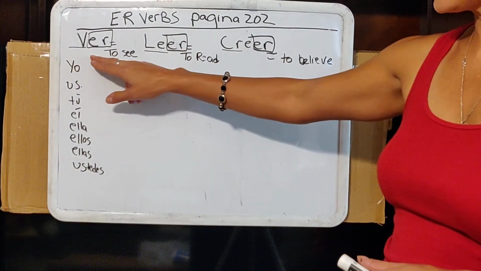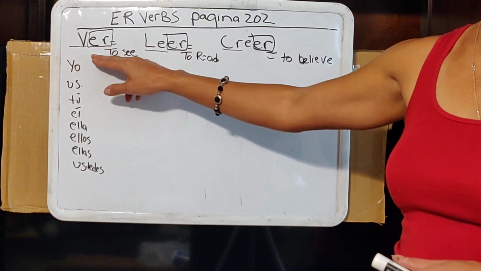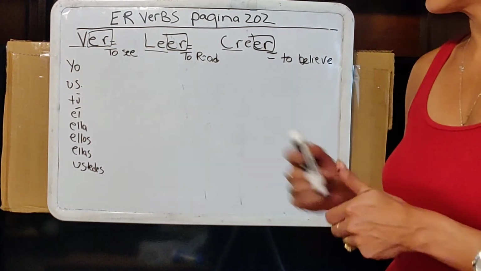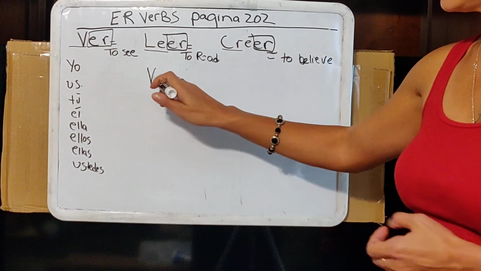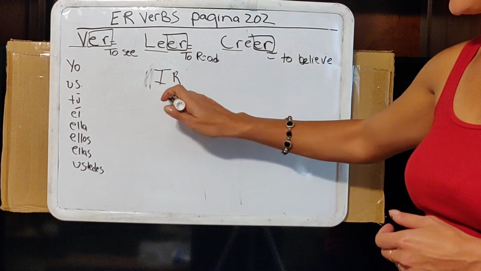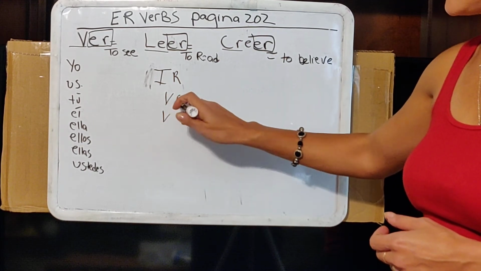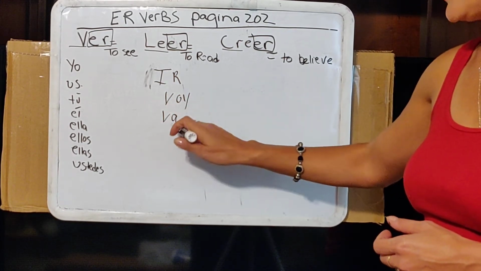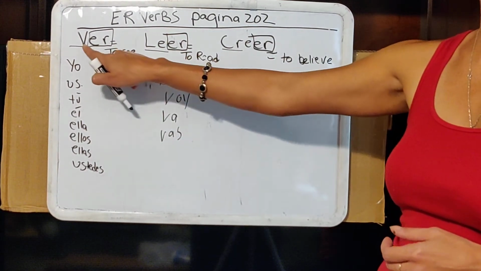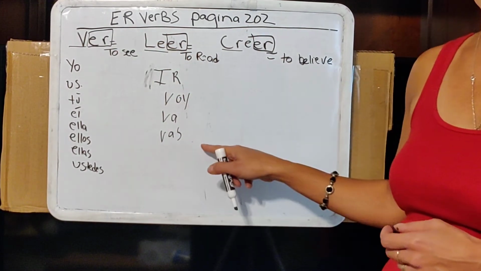The first verb is ver, to see. Now, a side note, remember our other verb, which was an irregular verb, is the verb ir. And recall that the verb ir conjugates with a V. Yo voy, usted va, tú vas, and so forth. It's a V, just like this. So please don't get these two verbs mixed up.